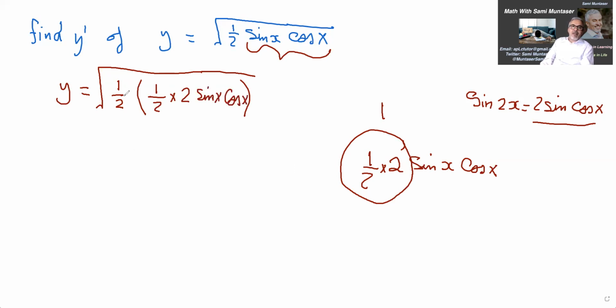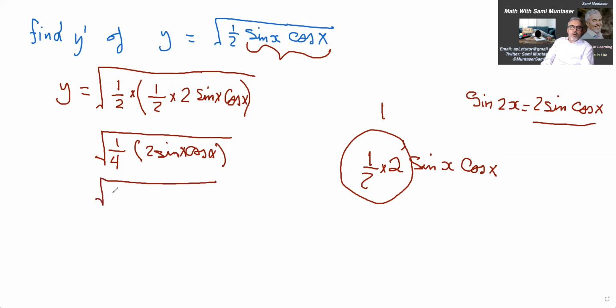So now this half, I'm going to multiply into the half outside. So I get 1/4 times the brackets 2 sine x cos x. I'm just going to do a few things at the same time here. So this gives me y equals 1/4 under a square root.